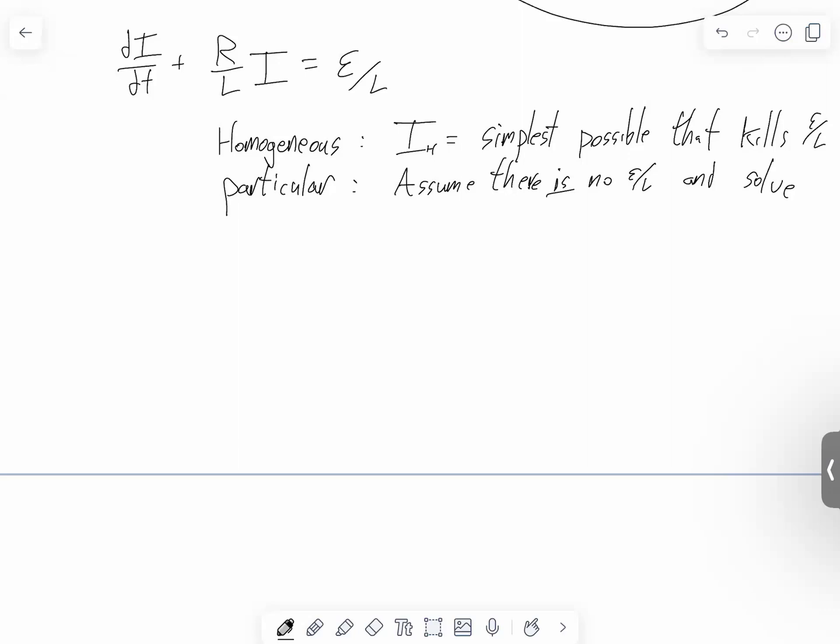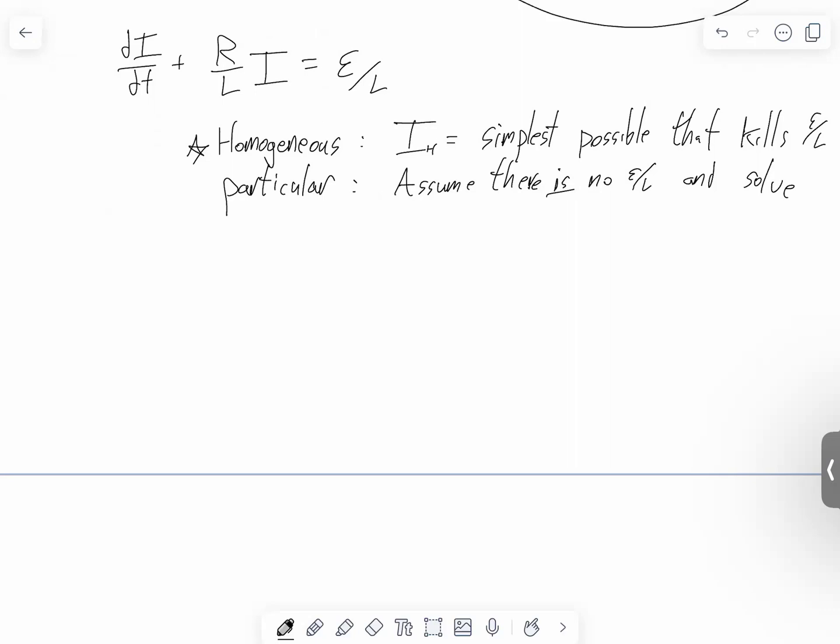Well, if I is zero, then we don't. What I'm going to tackle first is the homogeneous part. I'm going to try to find an I that satisfies this equation, that when I plug in that form of I, I get equality. If I equals zero, di dt equals zero, those die, and I just get zero equals script E over L. No, that doesn't work.